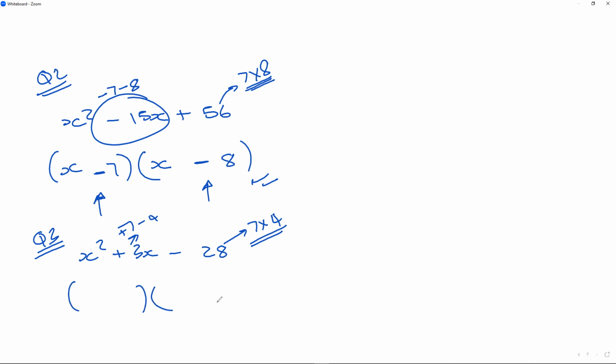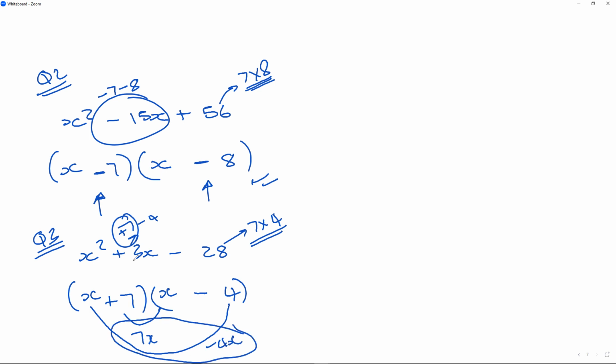So let's open up this bracket. X over here, x over here, 7 and 4. Now we've got to do the signs last. Put the plus next to the 7, because that'll get you plus 7x. And put the minus next to the 4, because that will get you minus 4x. And together, will get you plus 3x. And I'm done.